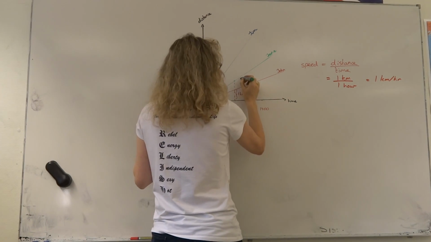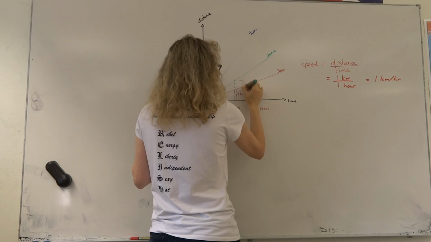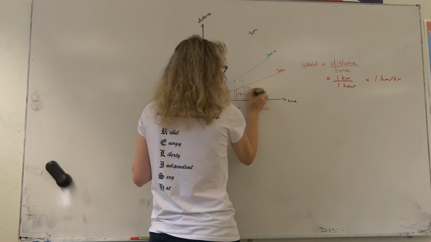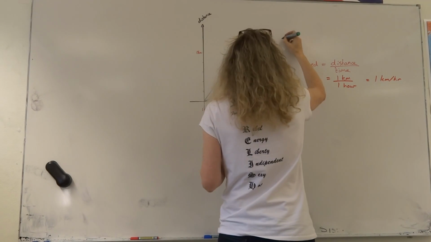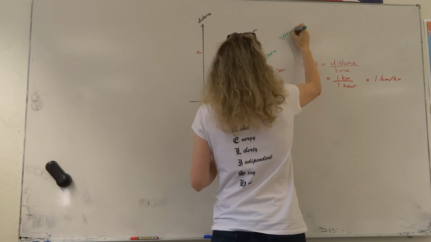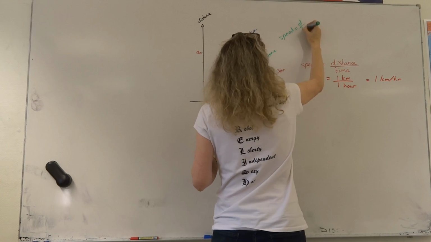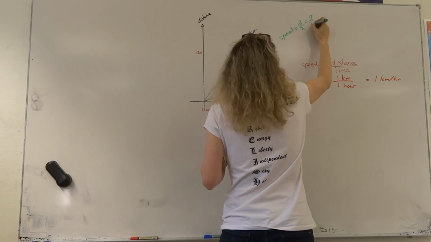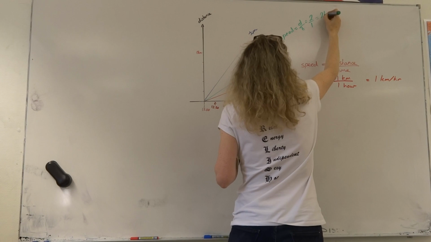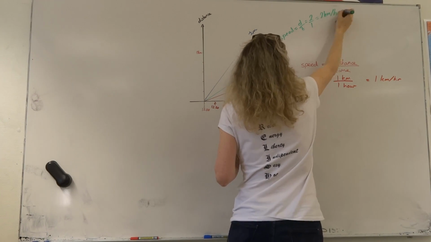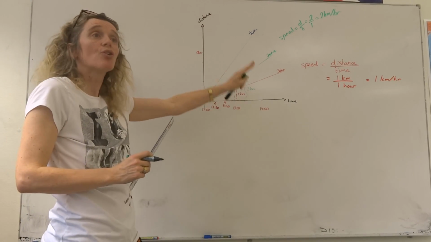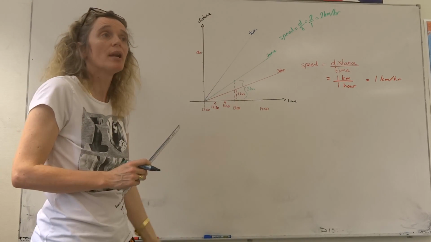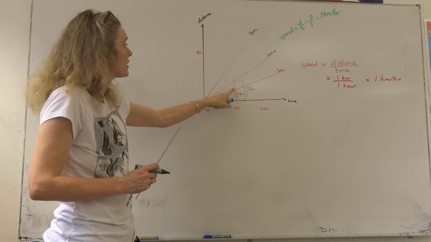So Jane is travelling 2 kilometres in 1 hour. So what is going to be Jane's speed? Well, Jane's speed will be distance over time, which is 2 kilometres in 1 hour. So she's travelling at a speed of 2 kilometres per hour.